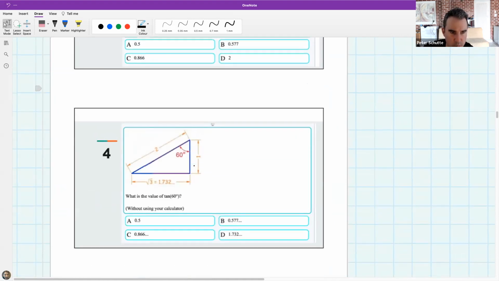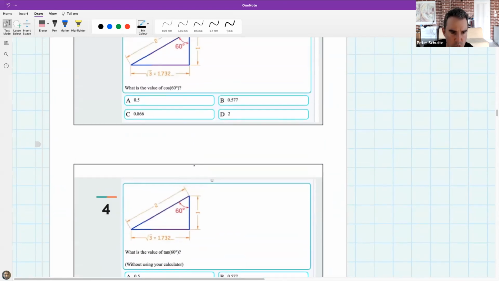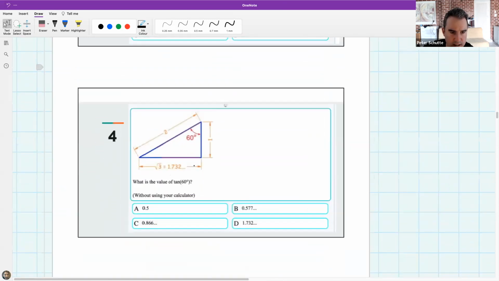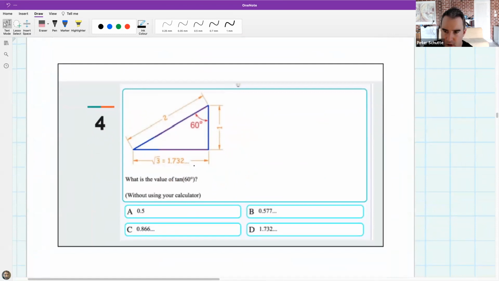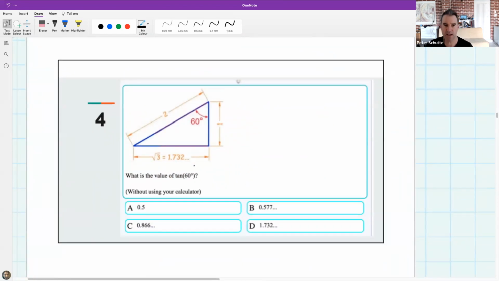Actually, let's do this one. So we'll get to harder ones now. I just want to make sure we have a good understanding. What is the value of the tan of 60? You can use your calculators here. I'm not going to prohibit you at this stage. But what is the value of the tan of 60?